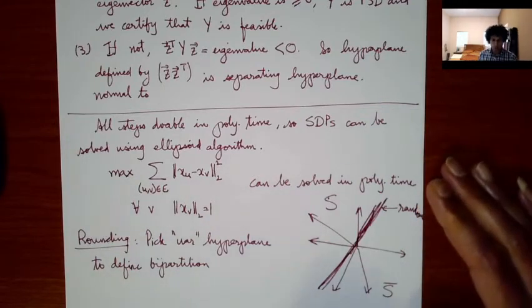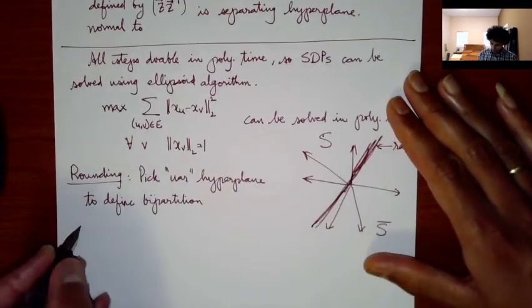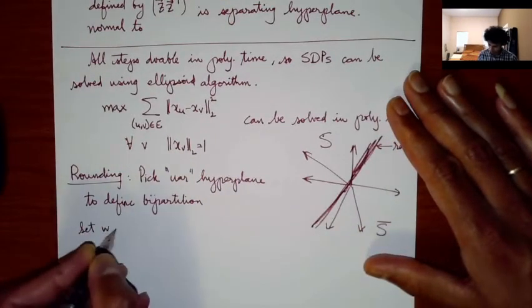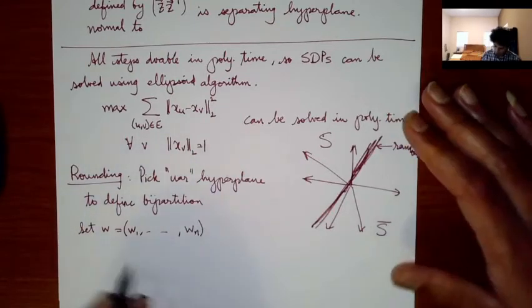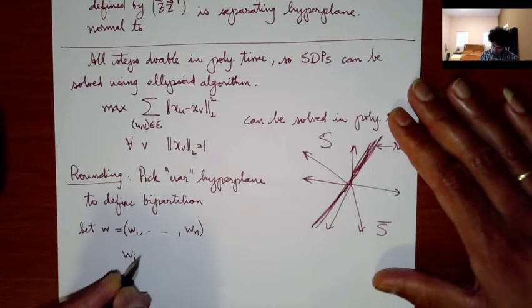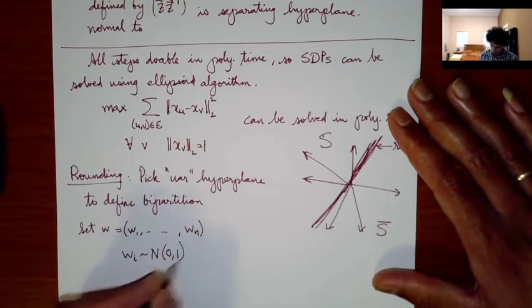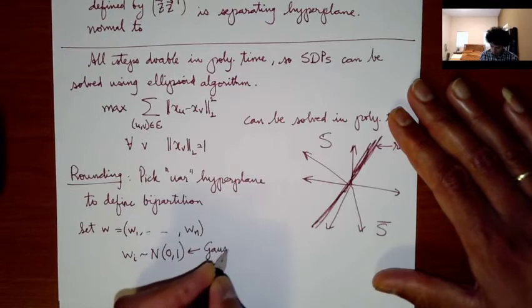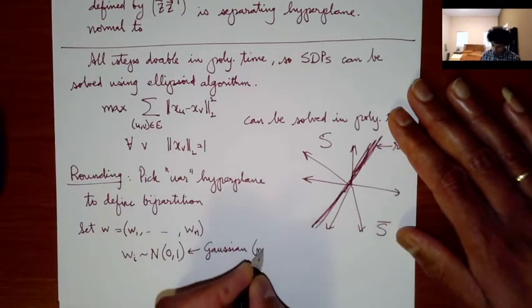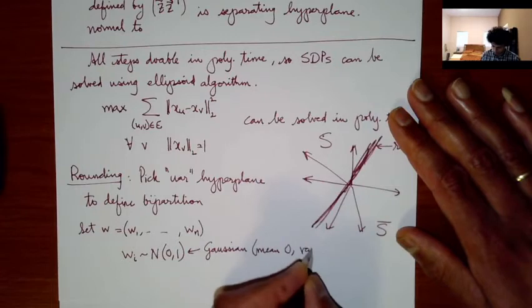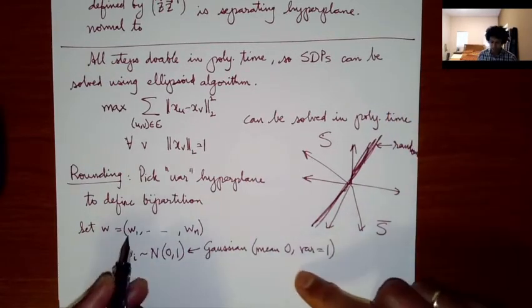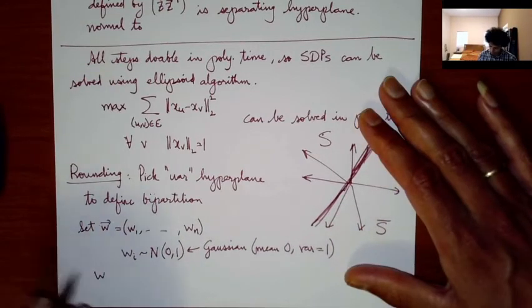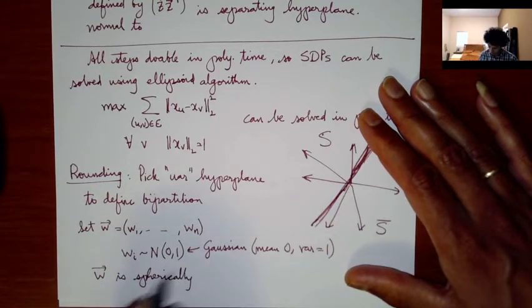Just as a comment, how do you choose a random plane? Well, you just set W, which sits in n-dimensional space, such that each Wi is sampled from a Gaussian with mean 0 and variance 1. You can generate this random vector W, and it is spherically symmetric.